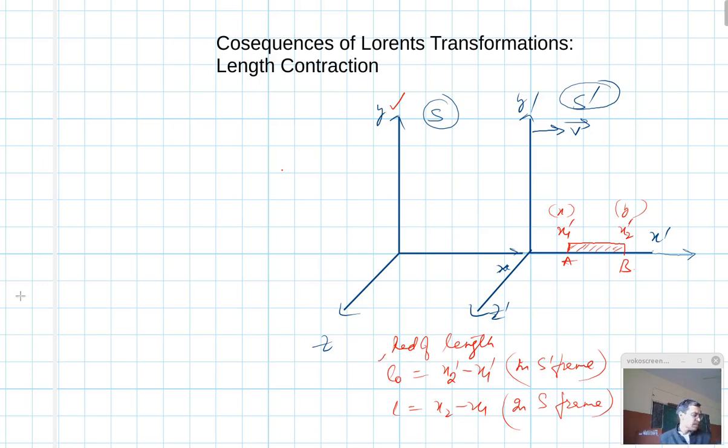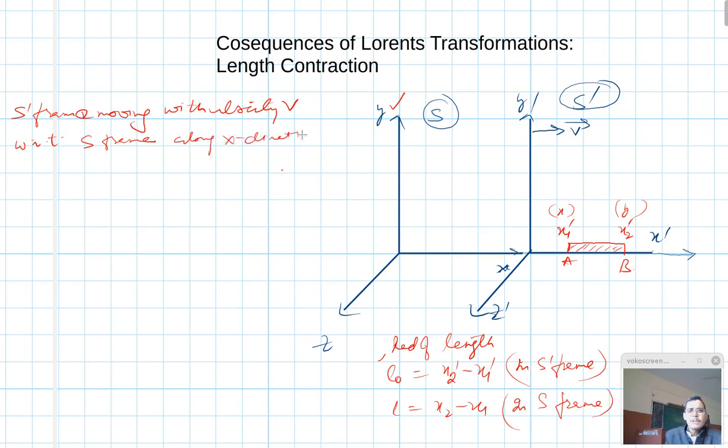So the S prime frame is moving with velocity v with respect to the S frame along the x direction, and let a rod AB lie along the x prime axis, right?